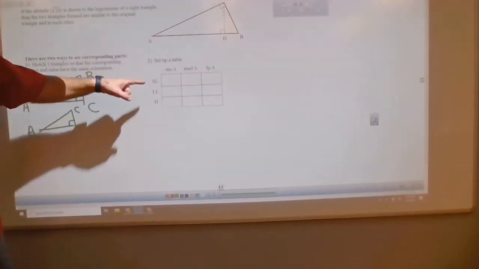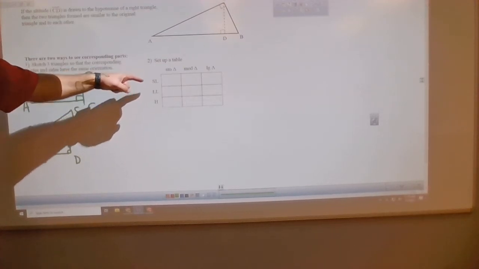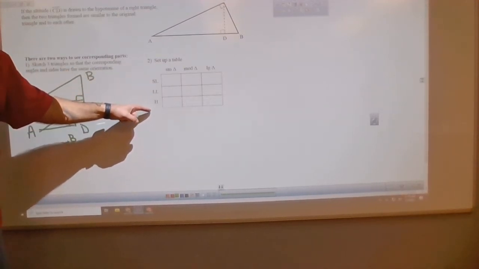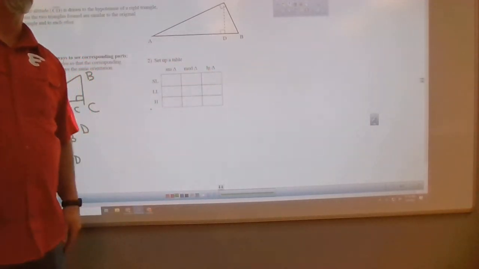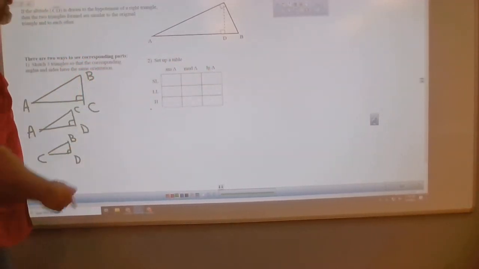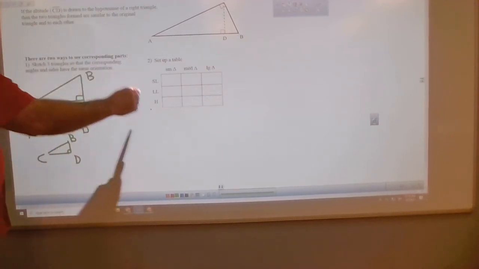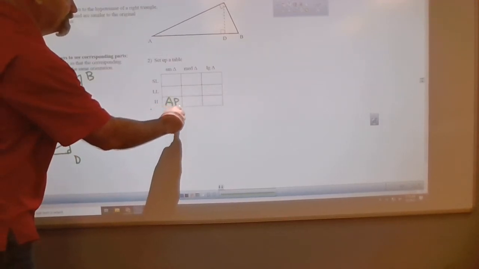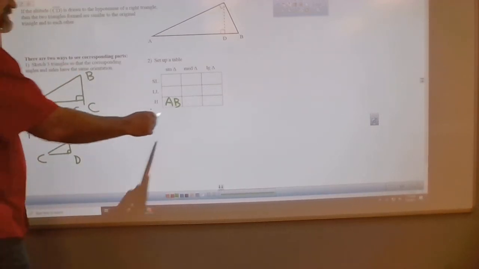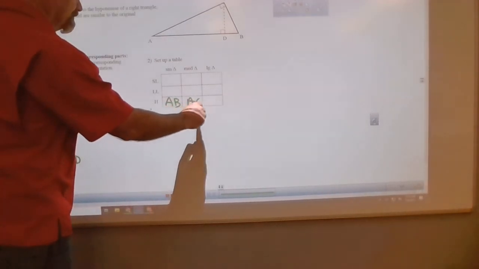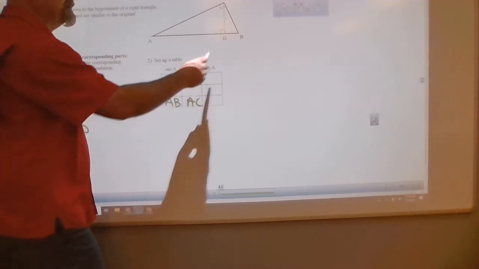This box has a short leg, a long leg, and a hypotenuse of the small triangle, the medium triangle, and the large triangle. So in this case, the hypotenuses are AB, AC. I did that wrong.